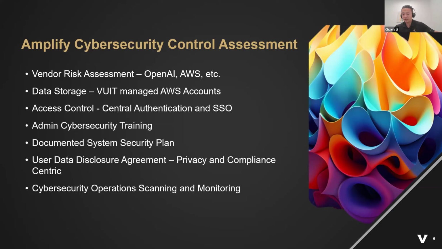For Amplify, the vendors involved are OpenAI and AWS. Even though they're giant companies, we still look at them, especially our master agreement as Vanderbilt with AWS and with OpenAI, because we were using it with the master agreement covering it, and no data will be trained, no prompt will be trained.